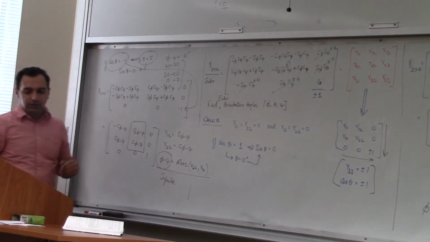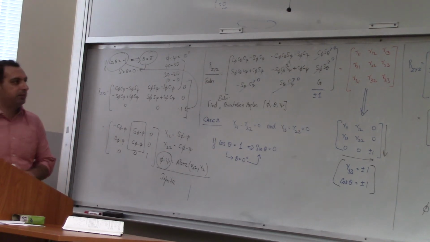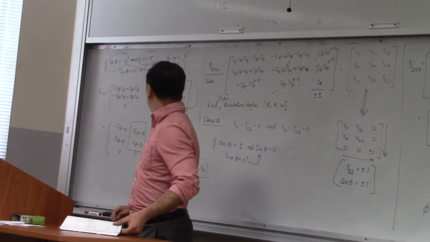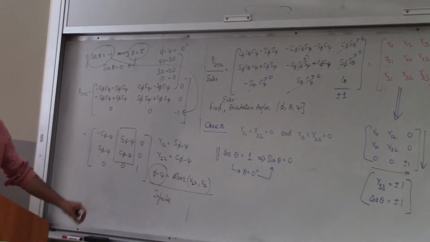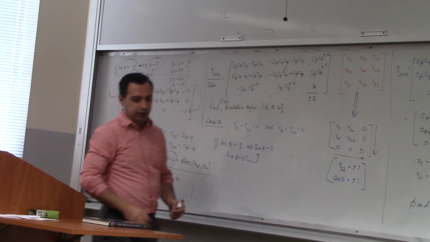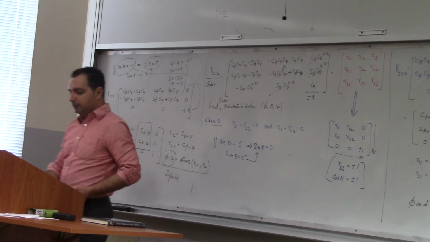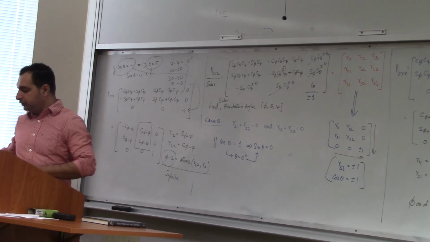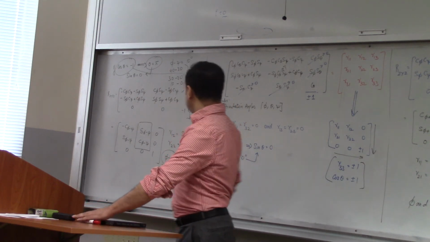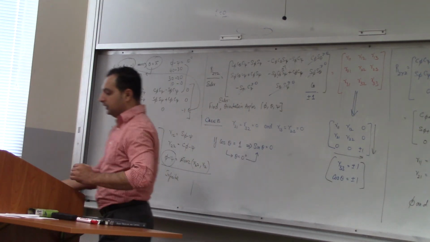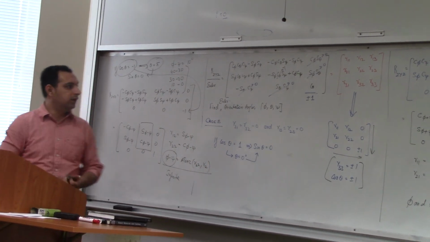Okay? So exactly the same thing, you can do to take the inverse in the case of RPY, and we'll try to go over that when we do the inverse rotations in MATLAB, so that it's much easier. But this is just to explain how you come up with the angles. So if I give you a matrix, you should be able to come up with the three angles, phi, theta, and psi, based on what type of construction it is: either fixed angle, sequential rotations, or current angle rotations.